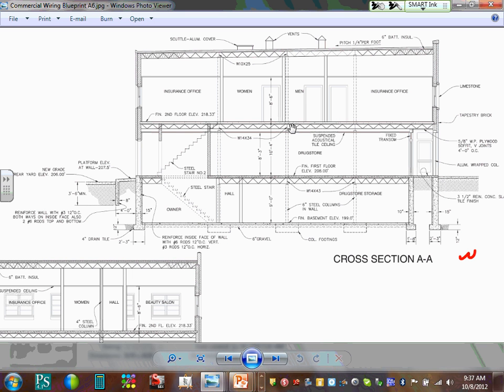Elevations, it's as if you're looking at the building from the outside, right? Now sections, if I want to look at this hallway right here, behind this wall. Can I get this from an elevation here? No. Can I get it from a plan view? Yep, I can, but I need the height of the wall.